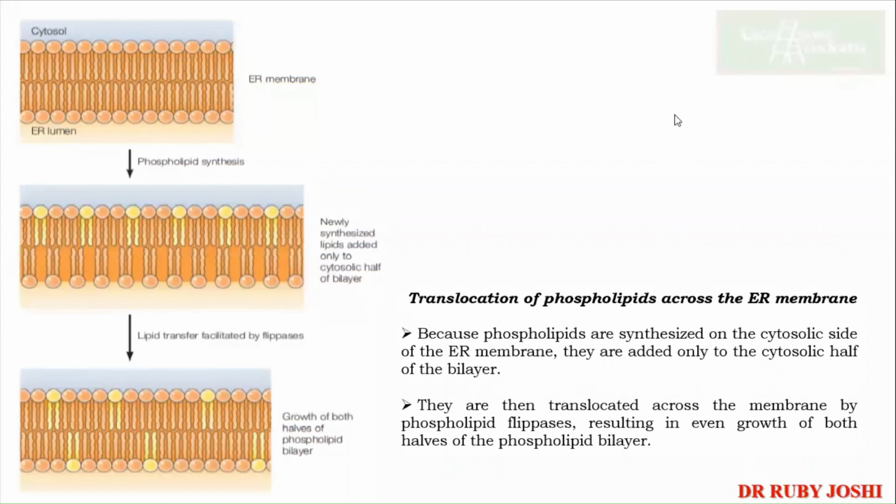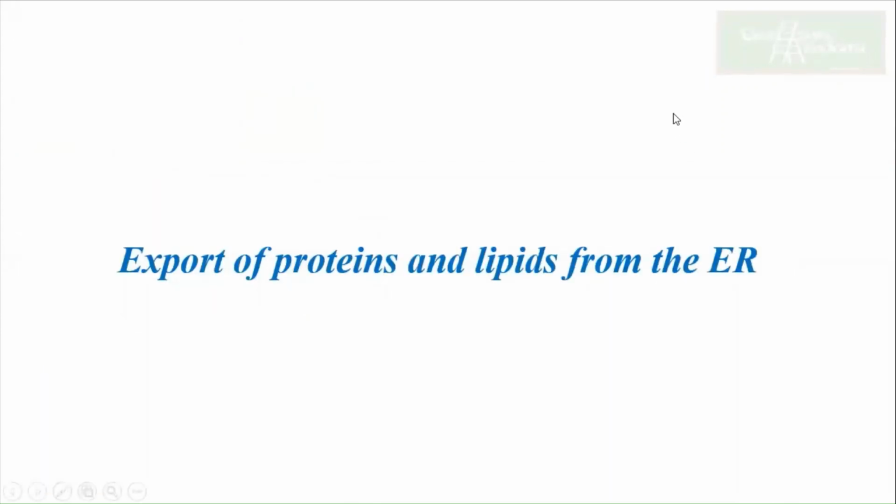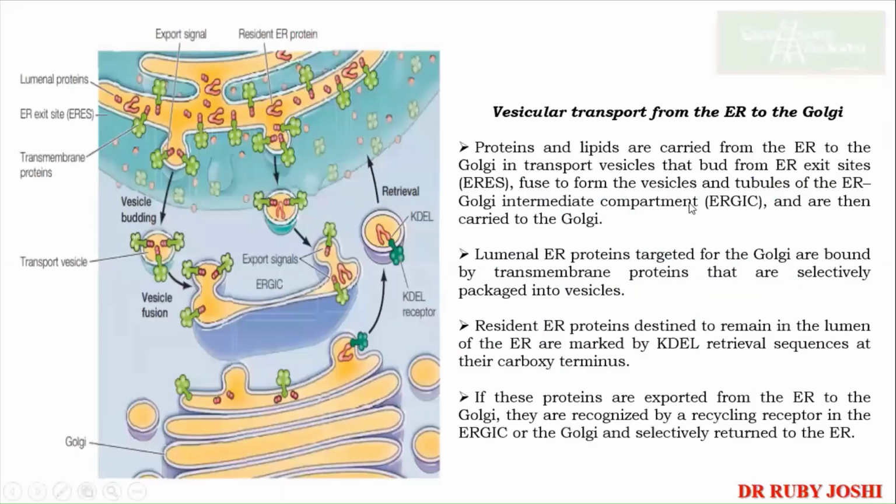Okay, so now the export of proteins and lipids from the ER. As we have discussed in the case of the nucleus, there are certain sequences, right? So that it is understood what kind of protein should be taken in or what should be exported out. In the same way, for the ER also, there are specific sequences which you have to remember. Now look at this.